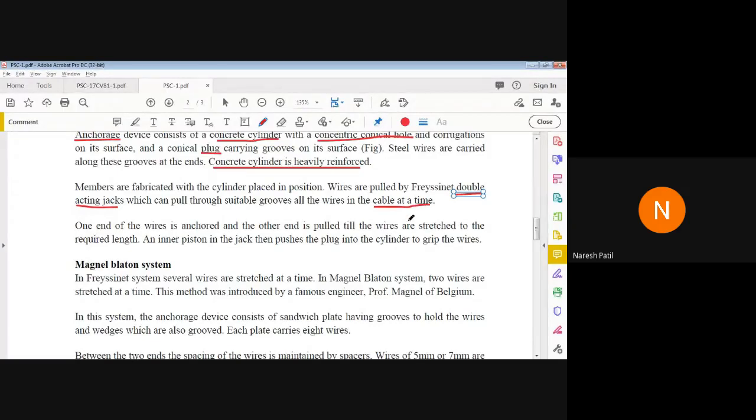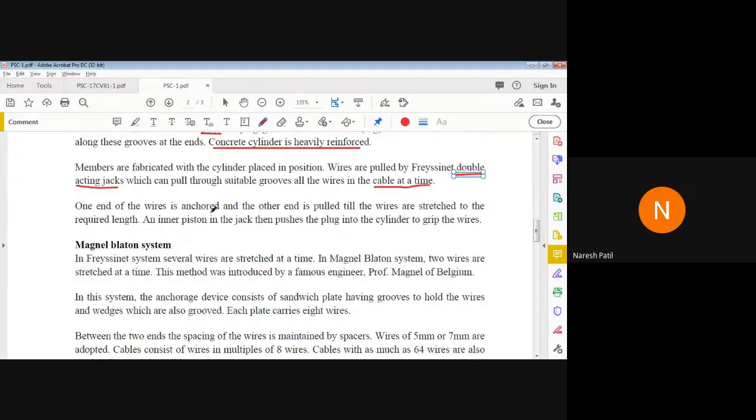Then one end of the wires is anchored and the other end is pulled till the wires are stretched to the required length. One end will be locked or anchored, and the other end will be stretched to the required length. Then an inner piston in the jack pushes the plug into the cylinder to grip the wires.